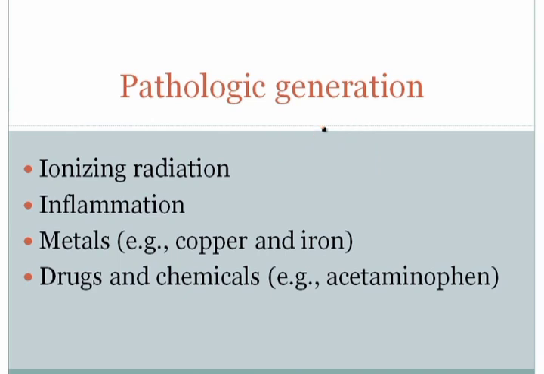Now, another mechanism by which free radicals can be generated, or are generated actually, is inflammation. Remind ourselves that when neutrophils come in to battle an infection, they have 2 mechanisms of killing the microbe. One is called oxygen dependent, the other is oxygen independent.